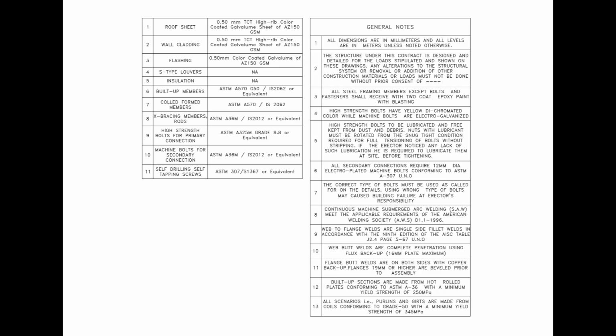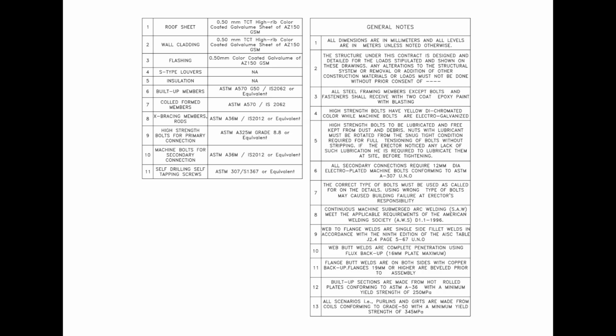Flashing is also specified as 0.50 mm color-coated galvalume of AZ150 GSM. The schedule further provides material standards for built-up members, cold-formed members, X-bracing members and rods, high-strength bolts, machine bolts, and self-drilling self-tapping screws.